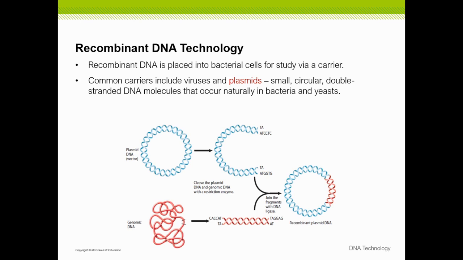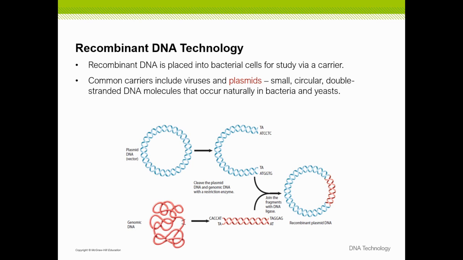But here we just have plasmid DNA from a bacterium. The first step is we're going to use a restriction enzyme. The restriction enzyme cleaves the plasmid, the DNA, at a specific location. Then that allows us to insert our own DNA, which we've taken from another organism, or we've artificially created or manipulated in some way, and we introduce that.